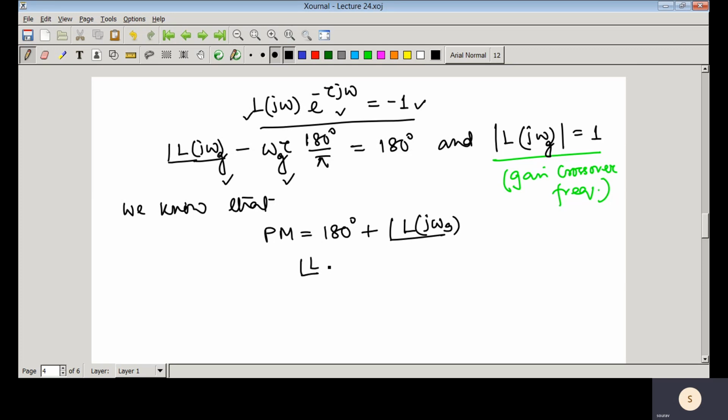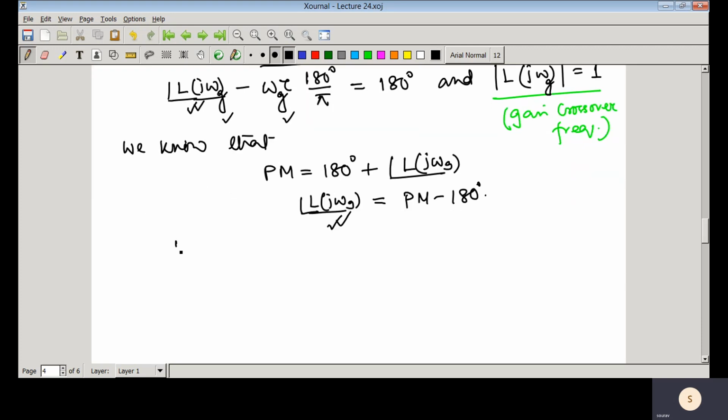So you can write that the angle of L j omega g is equal to phase margin minus 180 degree. Now if I replace this one here, what will we get? We will get phase margin minus 180 degree, minus omega g tau times 180 degree by pi, equal to minus 180 degree.